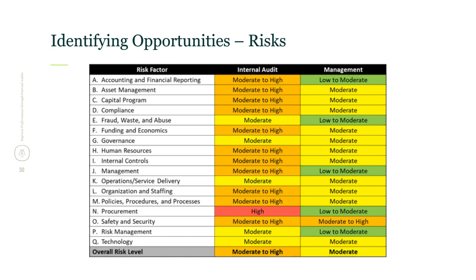What we also like to do is then conduct a survey, typically do it online, so very simple. Getting them to assess the risk themselves gives you a sense of how much alignment you have between management's perspective and internal audit's perspective.